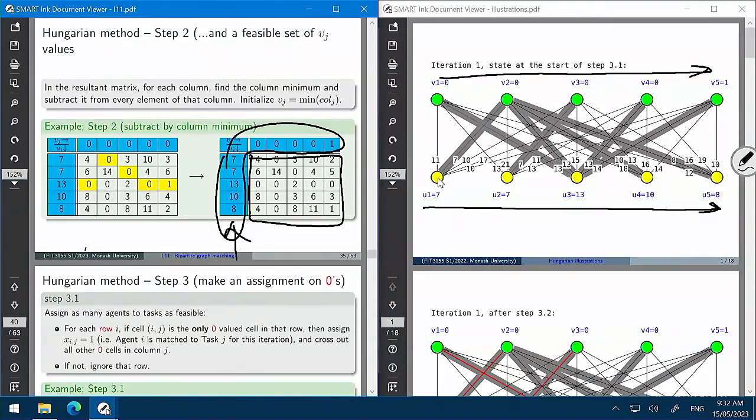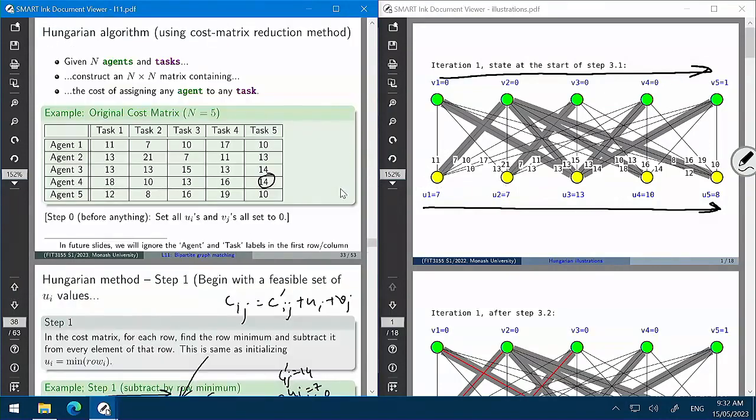If you look at this formulation, the first row is linked to the first vertex in the column. The cost of agent 1, task 1 is 11, so the edge weight is 11. The edge here is 7, edge weight is 10, edge weight is 17, edge weight is 10. Can you see that? It's a bipartite graph view of the same thing. There's nothing more to it.